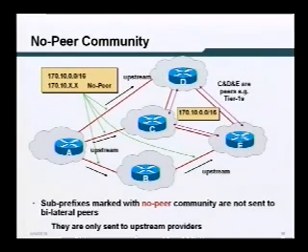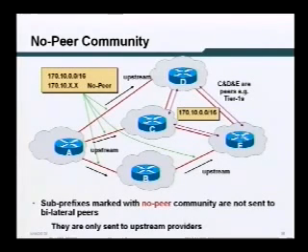Likewise with router C. Go to router B. Well, router B has only got an upstream, so he'll still send the sub-prefix that he's learned from router A, and he'll maintain the no peer community and send it off to router E. When it gets to router E, he says, well, C and D are peers of mine, so I'm not going to send this no peer tagged community prefix to my peers.